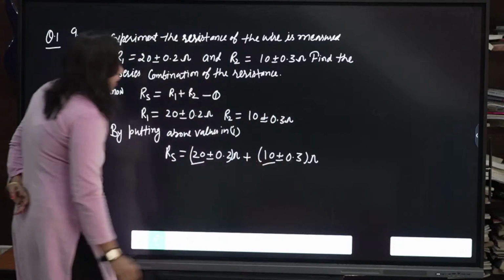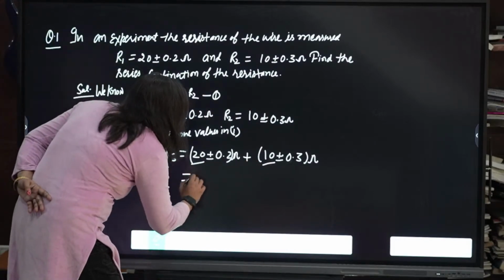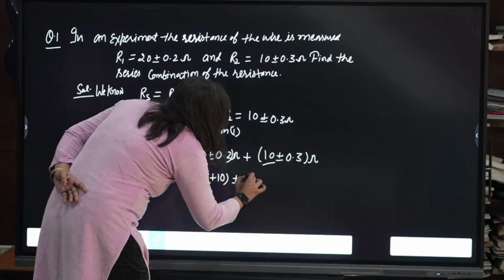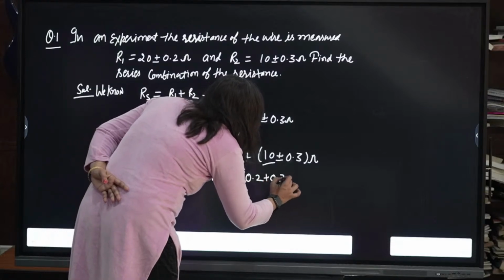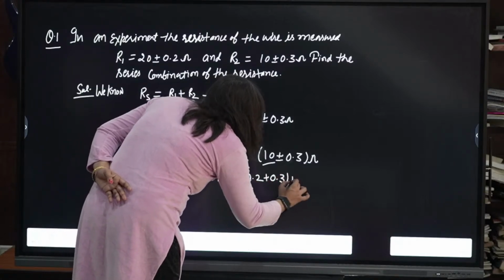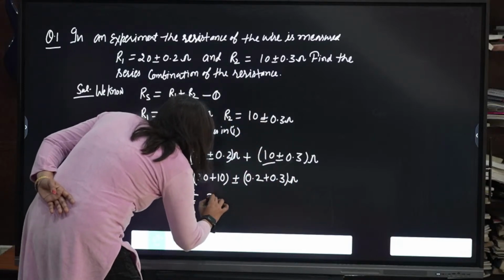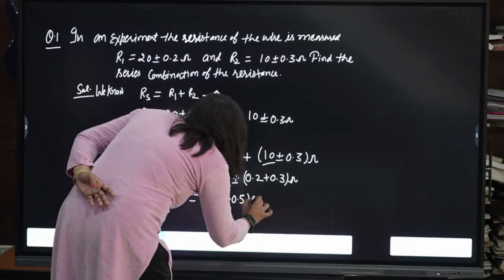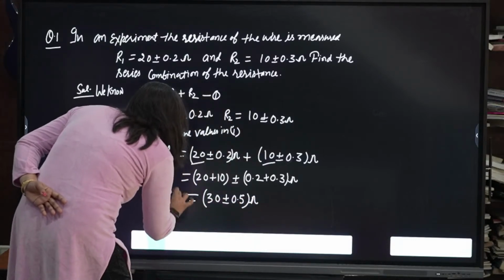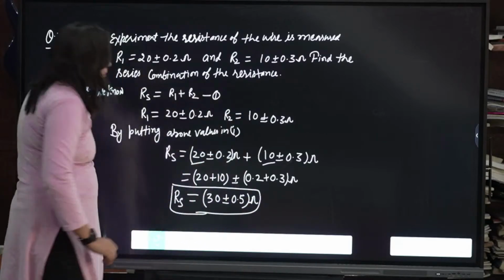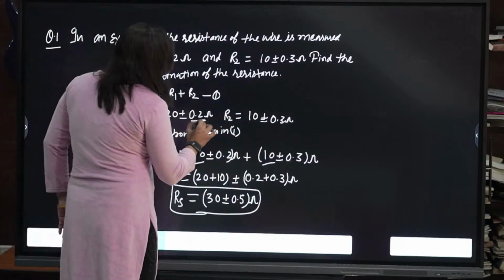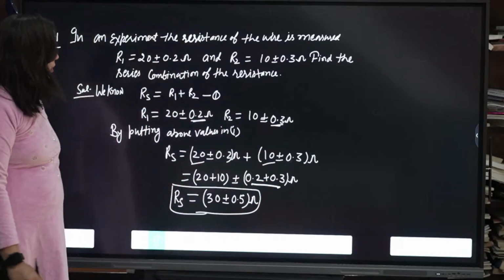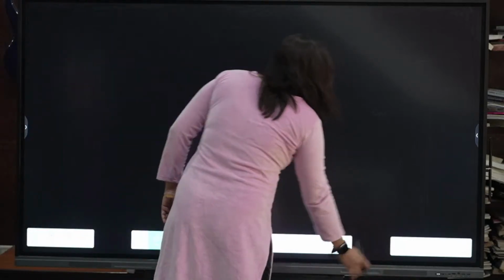Easily you can add real value in real and errors in errors. Then here 20 plus 10 and plus minus 0.2 plus 0.3. Then here 30 plus minus 0.5 ohm, it is the Rs. So simple. Here the main attention आपको जो देना है errors पे, right? You add the errors with errors and real value with real value. Same thing in difference.